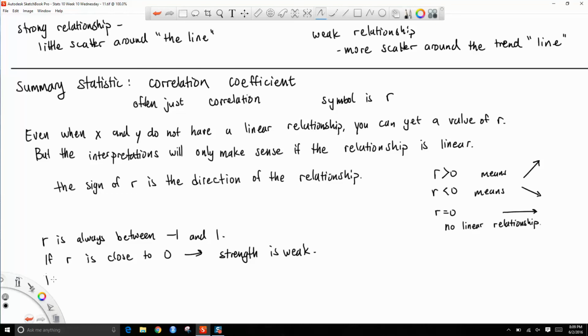And if R is far from 0, meaning close to 1 or close to -1, the relationship is strong. The strength is high.